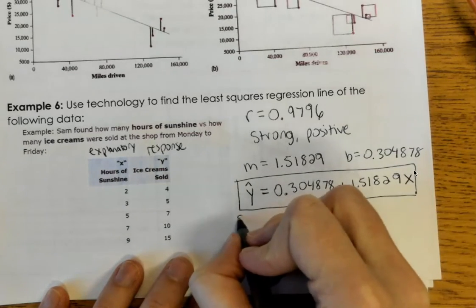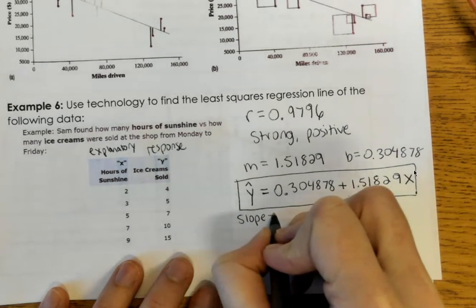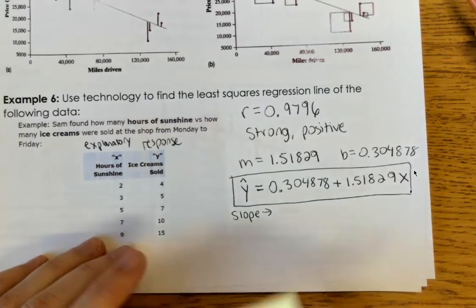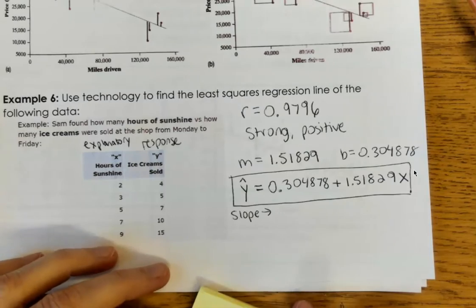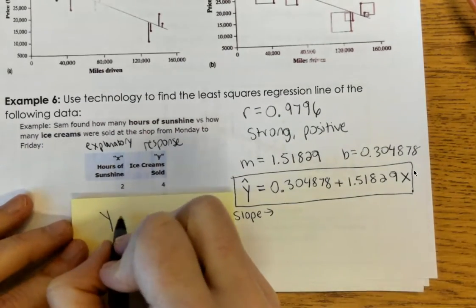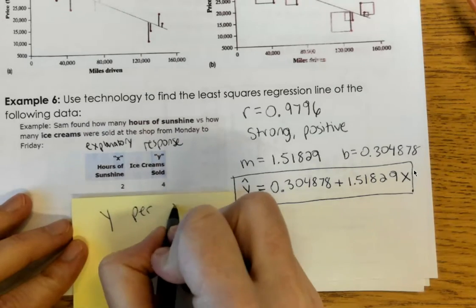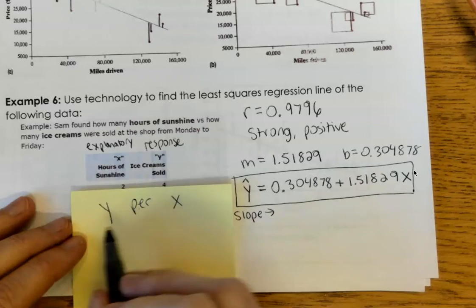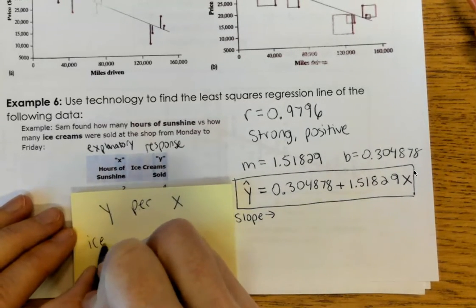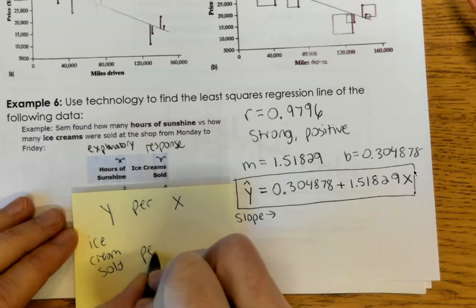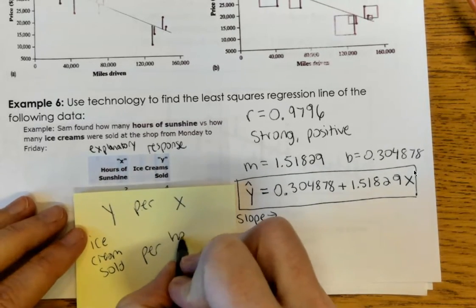So, my slope. Let's think about what this represents, right? What's my y per x? Let's take a look. Slope is always a rate, right? Something per something. So my y is ice cream sold per my x is hours of sunshine.